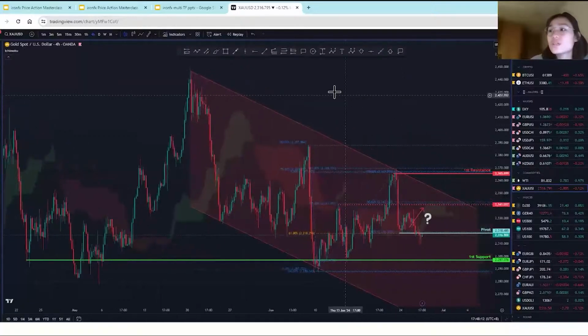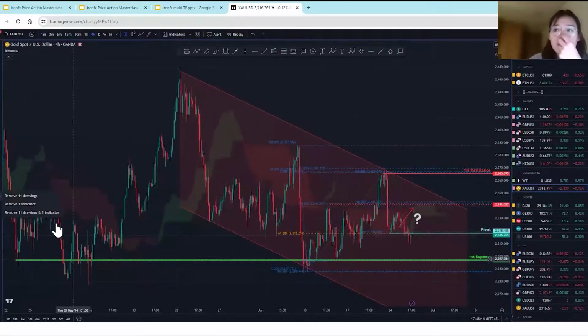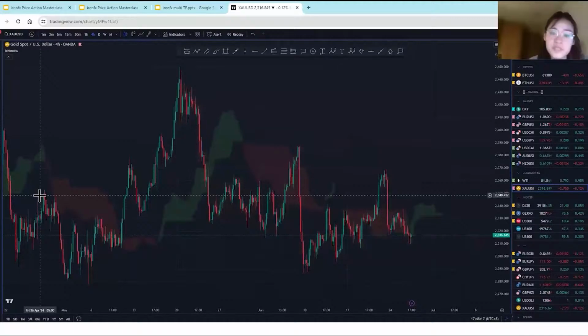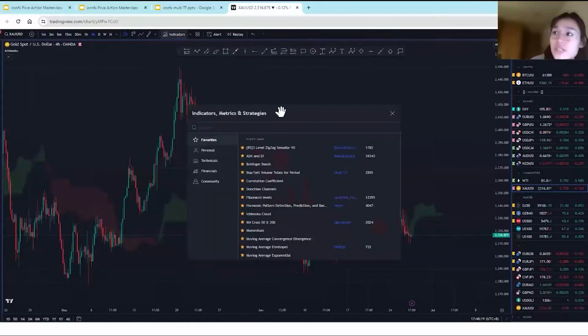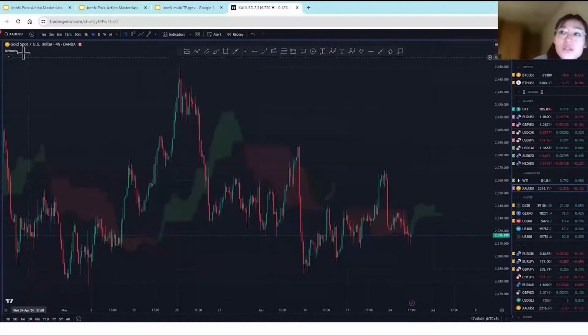Okay, so this is your Ichimoku Cloud. Basically you just click on indicators, search up Ichimoku, and this is what it'll look like.